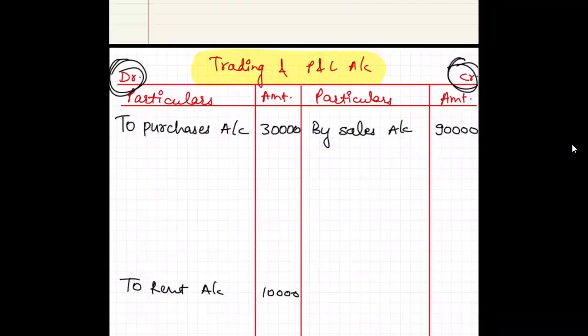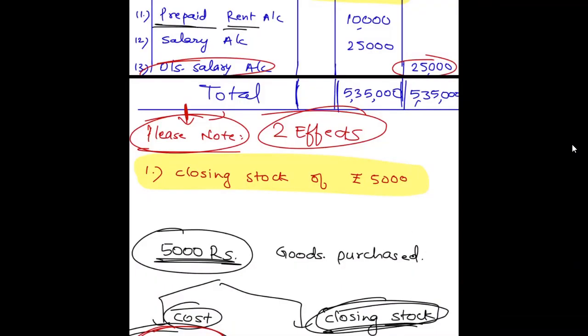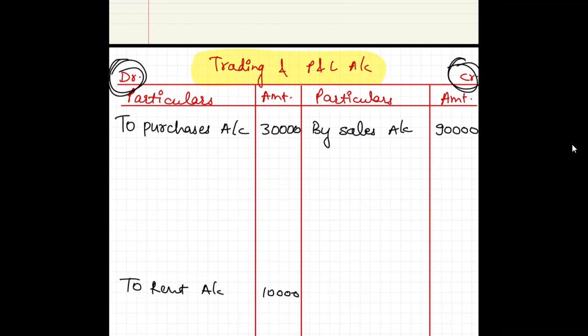Okay. So going back to my example, here they have given we have a closing stock of rupees 5,000. What I will do, I will write it on the credit side of my trading and P&L account. Closing stock of 5,000.